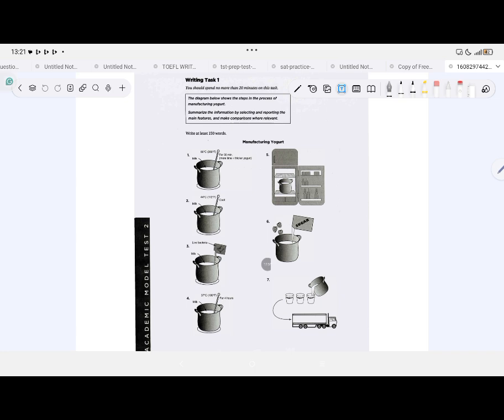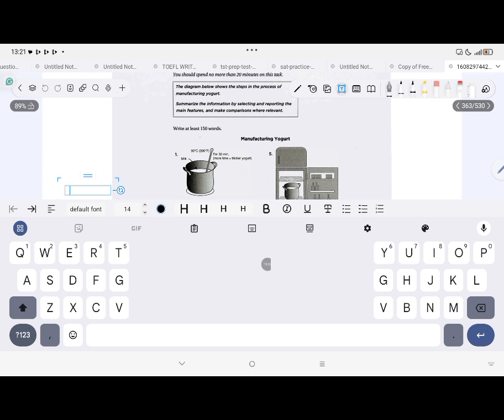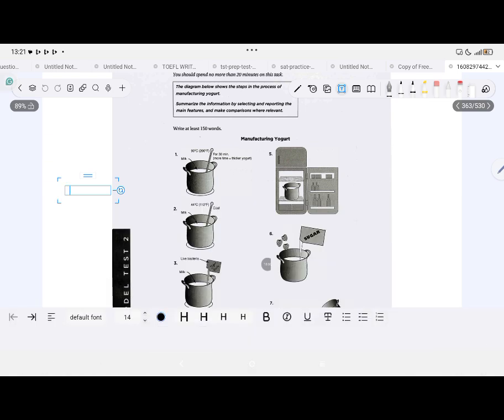It says the diagram below shows the steps in the process of manufacturing yogurt. Summarize the information by selecting and reporting the main features and make comparisons where relevant. If you've been practicing for task one, you know that this last line is the same in every task one question.